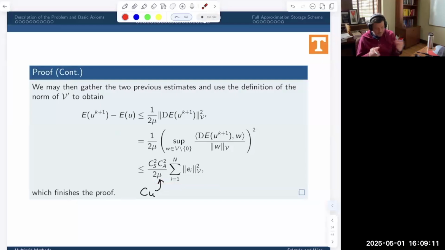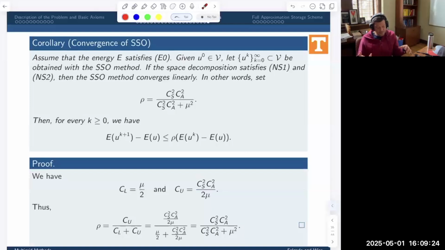Remember, we needed a lower bound on corrections and an upper bound on corrections. We put these two things together with our little lemma, and that allows us to conclude the convergence. And so, in fact, that's basically the very next result. We use that lemma now that we know that we have an upper bound on corrections and a lower bound on corrections.